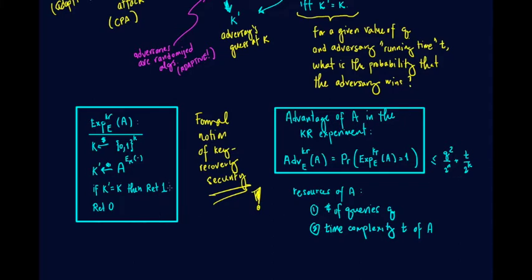If the probability of the adversary causing this experiment to output 1 is small, then that says that almost all the time the experiment outputs 0. And the experiment outputs 0 when the adversary does not guess the key. So a small advantage in the key recovery experiment is effectively saying it's hard to recover the key.